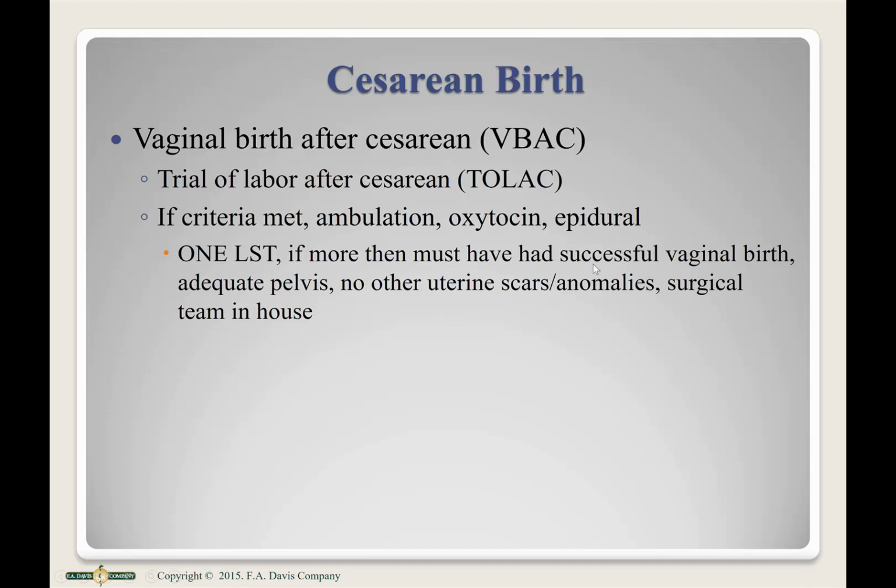If they've had a successful vaginal birth previously, that's great. But if they've had a successful vaginal birth after cesarean, then they can continue to have vaginal births. And that lets us know that they have an adequate pelvis to deliver. And then they have no other uterine scars or anomalies. We'll let them do a TOLAC.